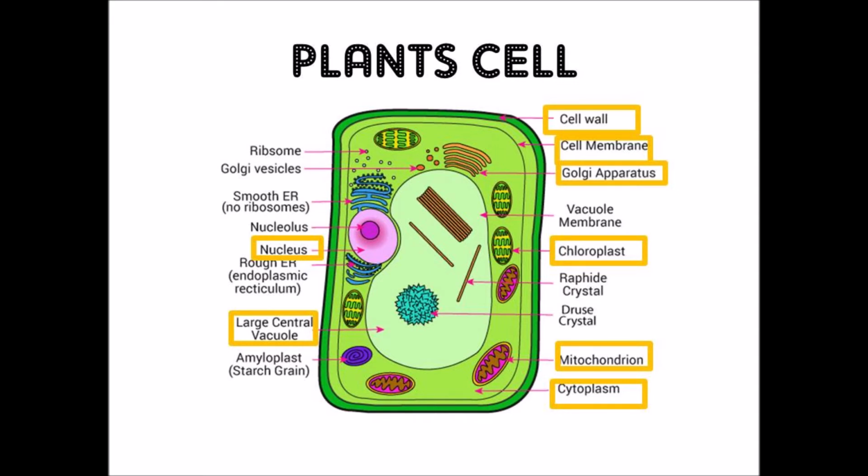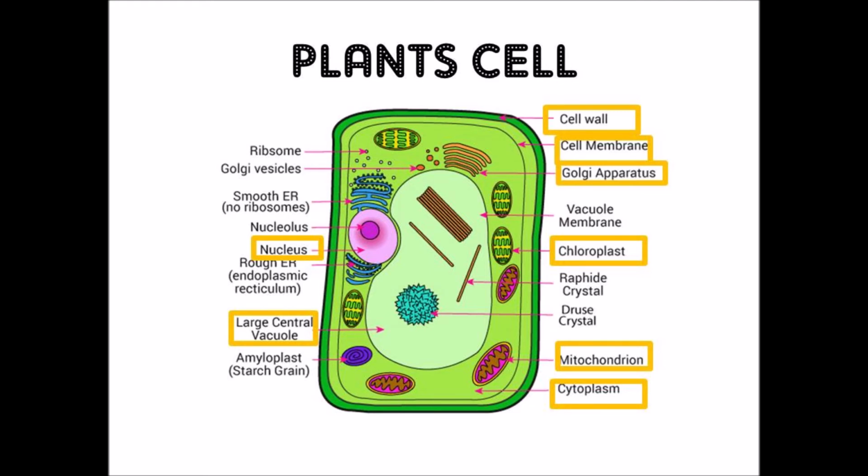Still, we have to notice that, for example, vacuoles are very different. Animals have many small vacuoles, but plants have just one big vacuole that occupies almost the whole cell. Still, the functions of those parts are the same that we have talked about in the animal cell.